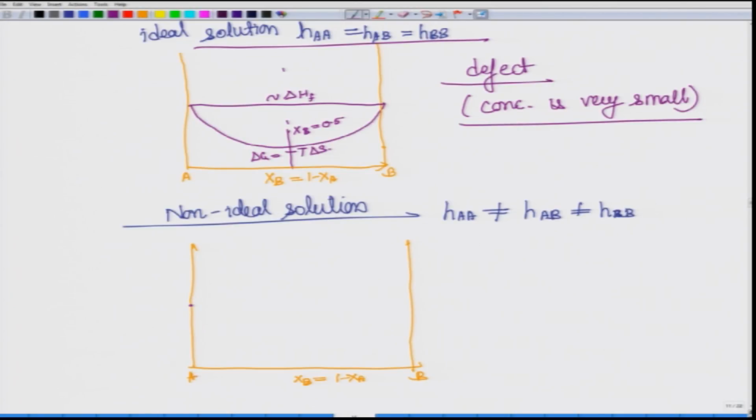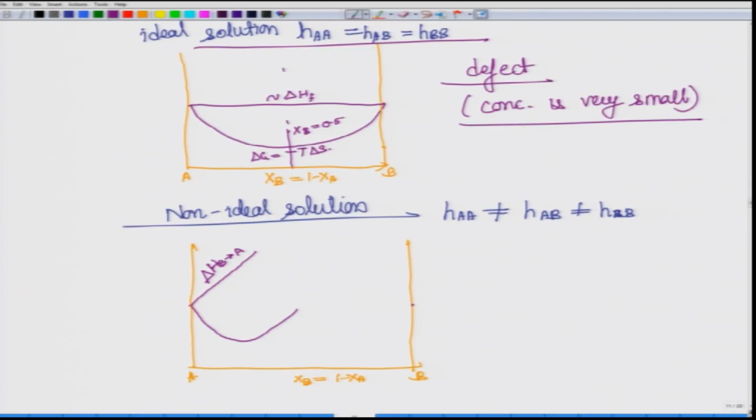So, let us talk about the pure A. You are adding B impurity, so there will be delta H, delta H when B is being inserted as impurity in pure A. Simultaneously for this there will be a T delta S which will go something like this.